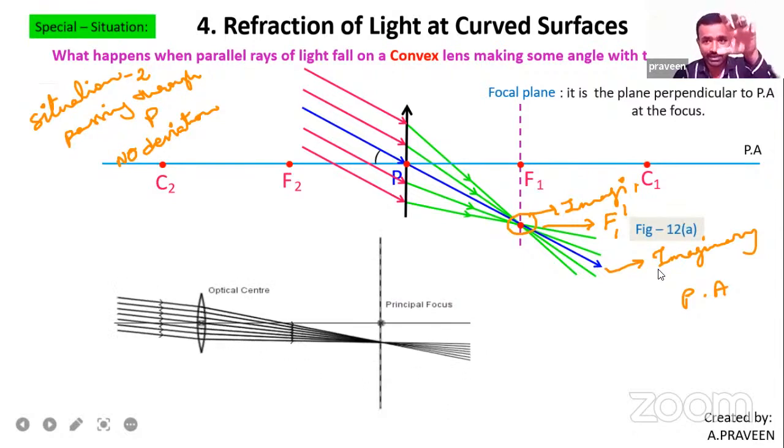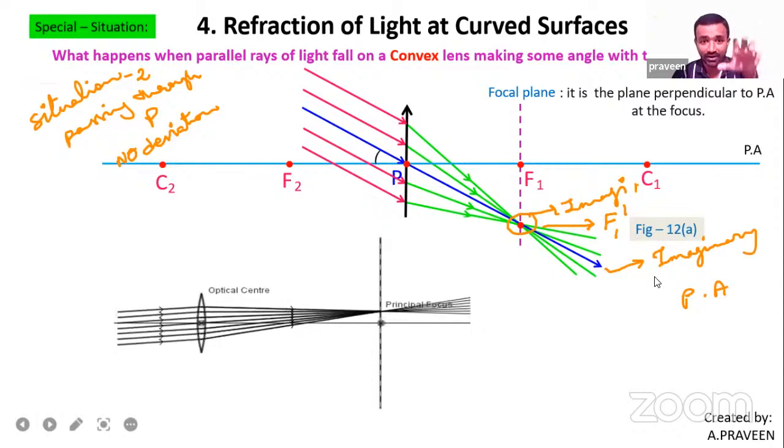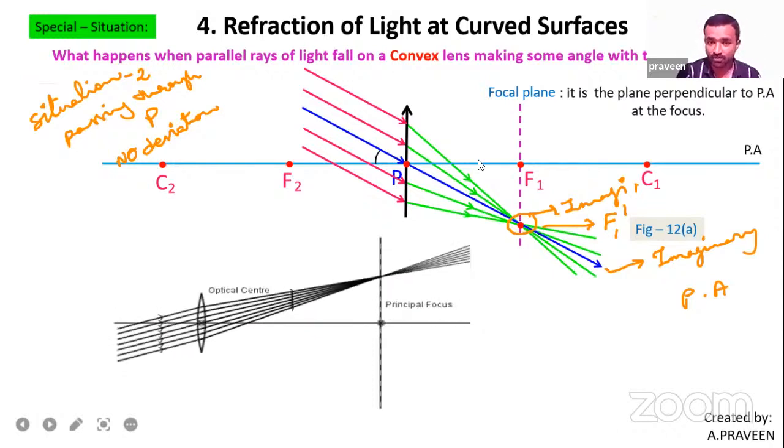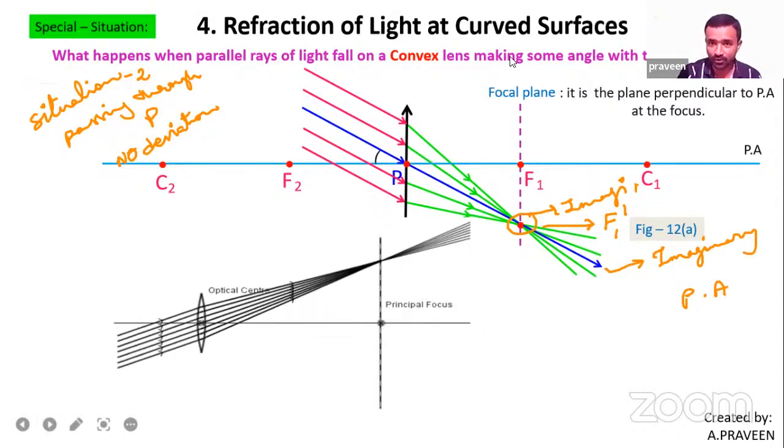So I can change the angle on the lens. Before refraction, they are parallel. Look here. These light rays are parallel before refraction on the double convex lens, but they are always lying in a plane.